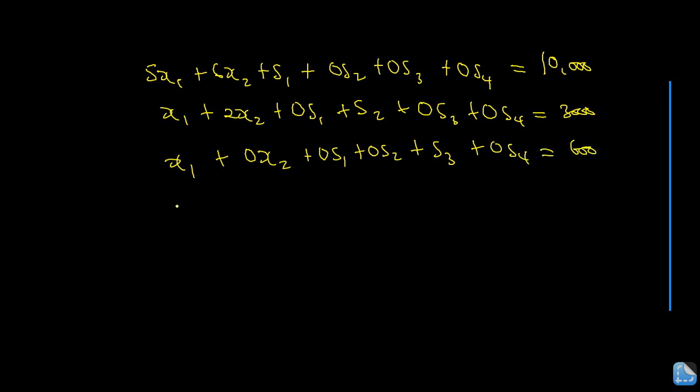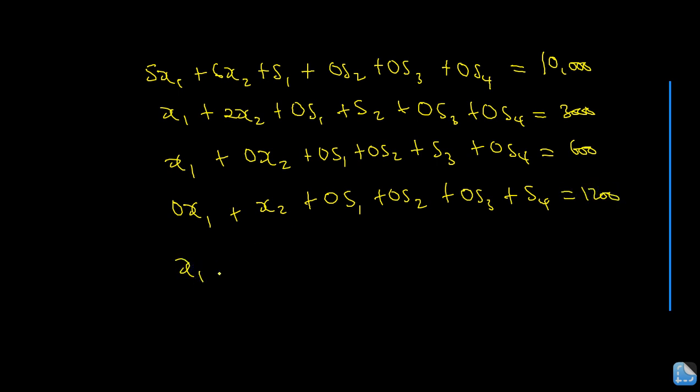And then the last one, we had no x1, so it will be 0 x1 plus x2 plus 0 s1 plus 0 s2 plus 0 s3 plus s4 is equal to 1,200.